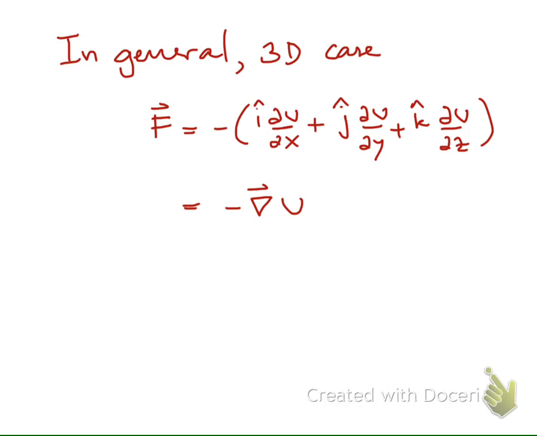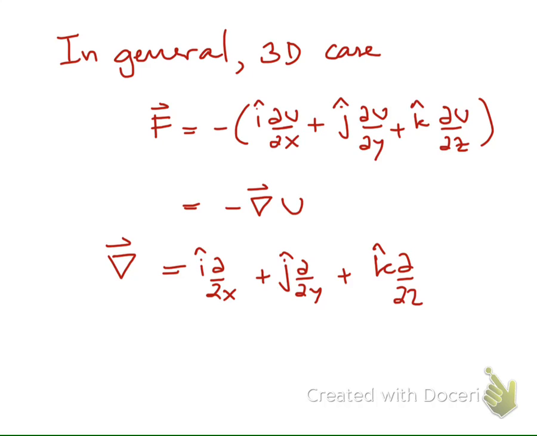This notation, the upside down triangle with the arrow above, is defined as i d by dx plus j d by dy plus k d by dz.